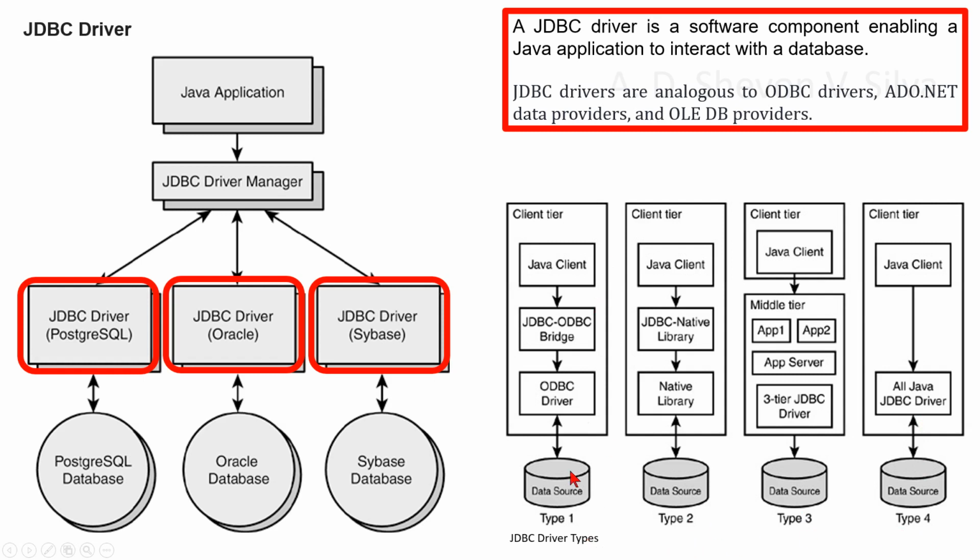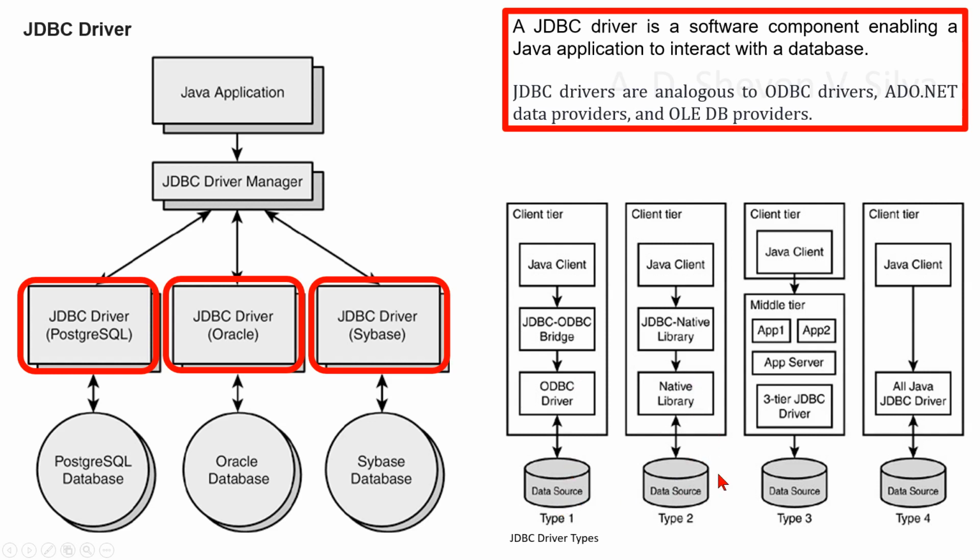In type 1 you can see in the client here the Java client, JDBC ODBC bridge and JDBC drivers are there. The Java client is connected to the JDBC ODBC bridge, and the JDBC ODBC bridge is connected to the ODBC driver, and the ODBC driver interacts with the data source.